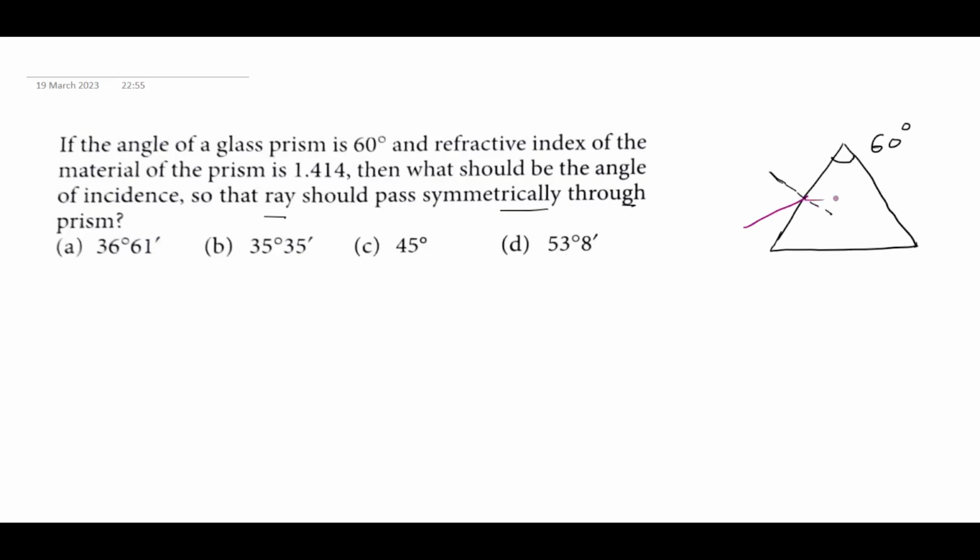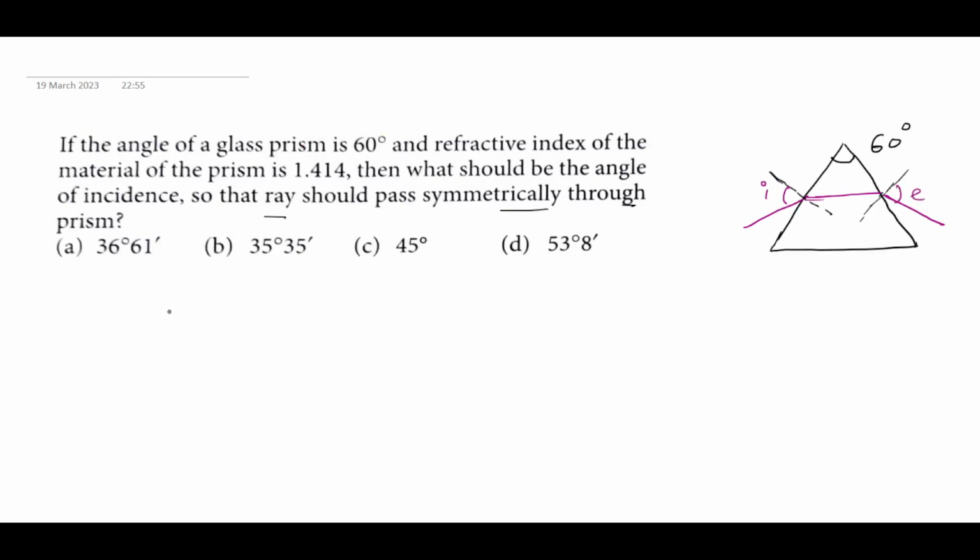It goes like this, then it goes like this, and then here I have again one normal, and then the ray will bend symmetrically. It goes like this. So your angle I and angle E both are equal.